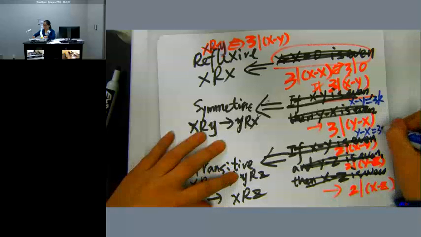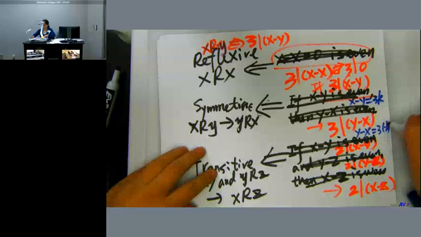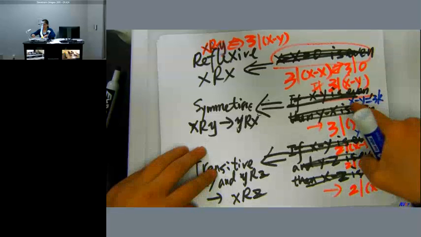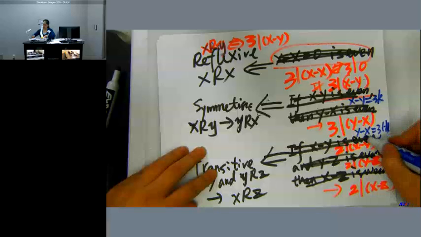So you're going to get 3 times negative k, right? So that's the proof. But if you just want to explain in sentences, say something like, well, because y minus x is the opposite of x minus y. If x minus y is a multiple of 3, then the opposite must be a multiple of 3. Okay. Or if you don't want to use sentences, this is how you do it. If x minus y is equal to 3k, then y minus x equals 3 times negative k, which tells us 3 goes into y minus x.